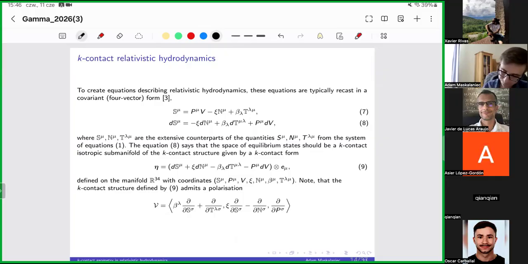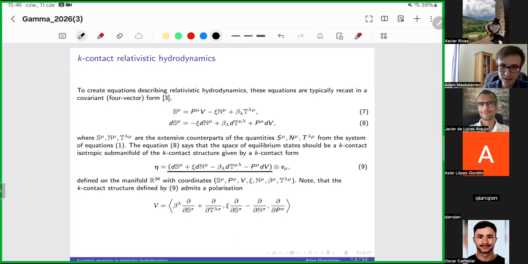So, given the generalized Gibbs relation number 7 and this generalized first law of thermodynamics for relativistic hydrodynamics, we use this second identity, the generalized first law of thermodynamics, to define our k-contact structure in the following way.